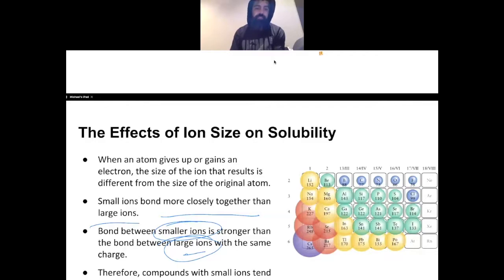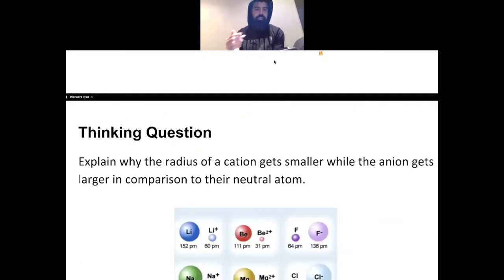Therefore, compounds with small ions tend to be less soluble than compounds with large ions, because those large ions will not hold on with the bond as strongly. Okay, so think about this question.